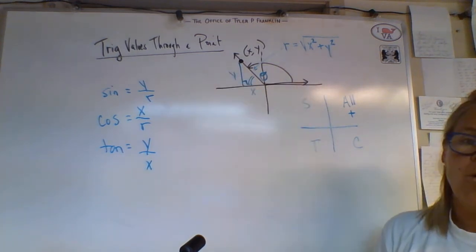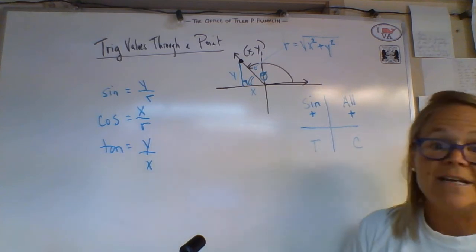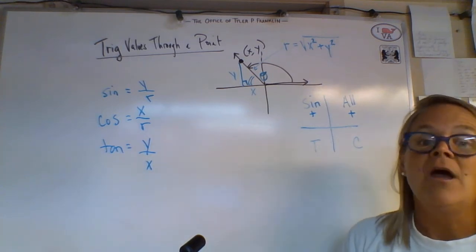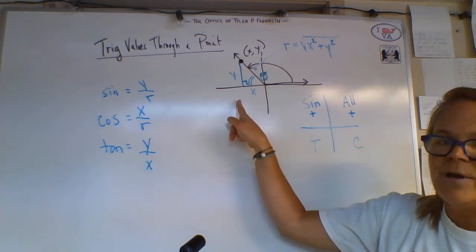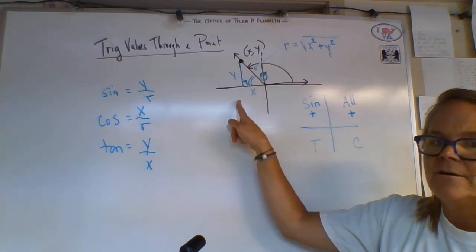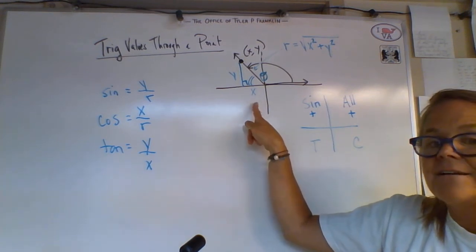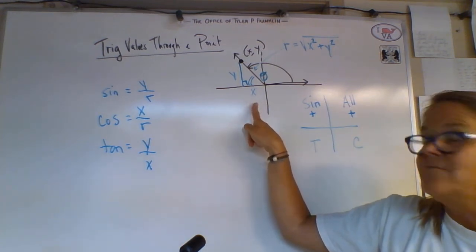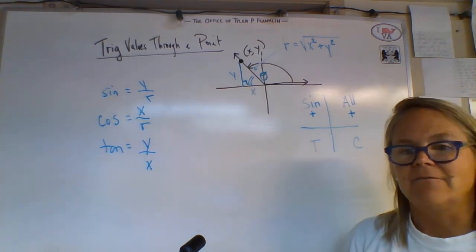In the second quadrant, sine and cosecant, its reciprocal, are positive. Looking at the picture, why does that occur? Cosine and tangent use the x, which is negative. Sine uses the y, which is positive.